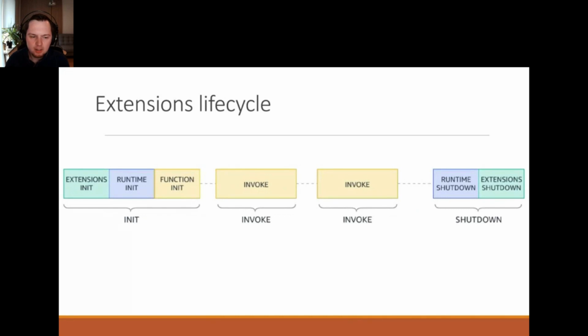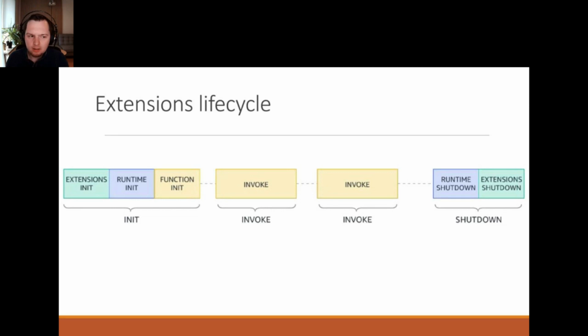And how it works in detail is basically when you invoke your function, there is the initialization stage where your function is initialized. But before that, actually your extension is initialized. Then your function invocation happens, your business logic runs. It can run multiple times.